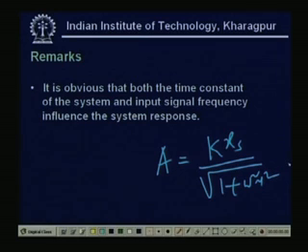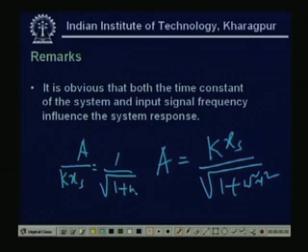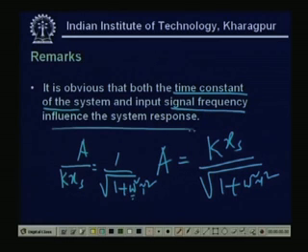If I take the normalized form, A by k x s equals 1 upon root over 1 plus omega square tau square. So both the time constant and the input signal frequency, omega, influence the system response, because they control the value of the amplitude or normalized output, as well as the phase shift, which depends on tan inverse omega tau.